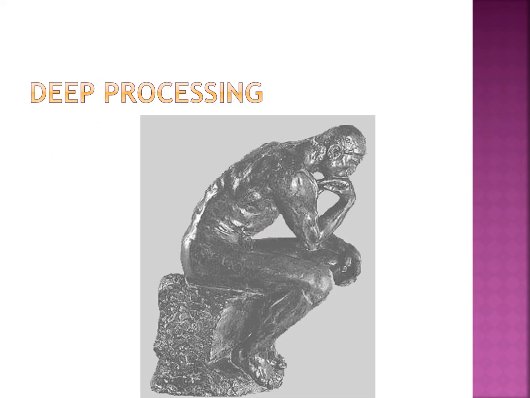Okay, so deep processing is having a true and good understanding of the content, being able to explain in more than one way about what that information is. The information is meaningful to you. Just having a good understanding of that thing.